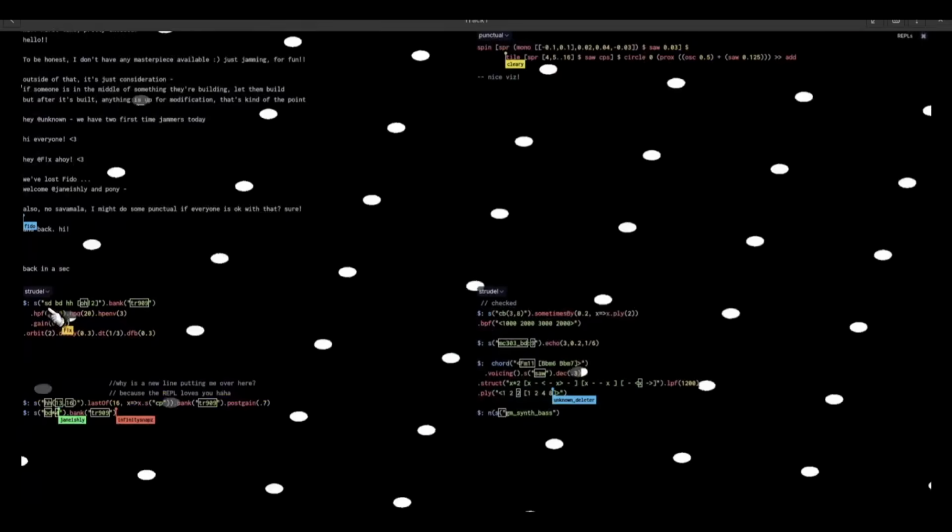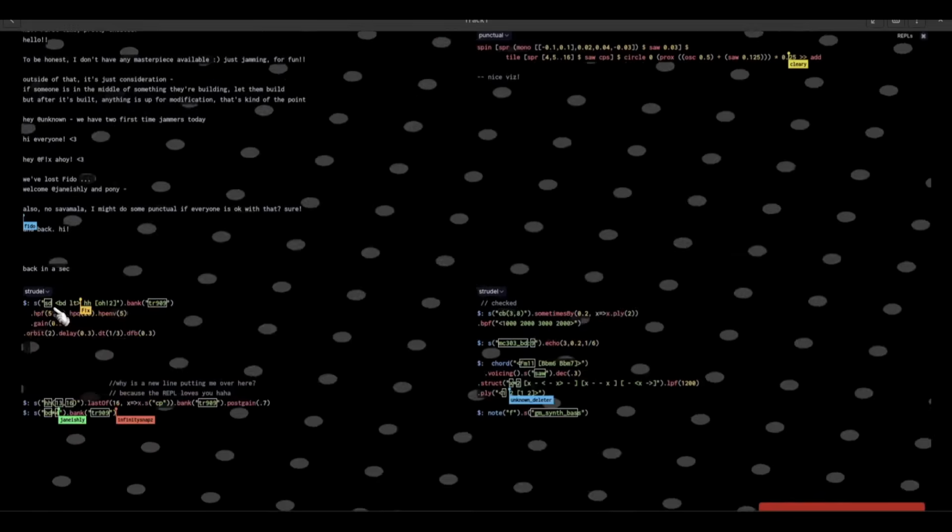Let's get back to the jam for a bit and see what happened since we left. Over here in this strudel cell in the bottom left, I'm working on a drum pattern. I'm using this snare drum, bass drum, hi-hat, and open hat samples from the TR-909 bank.